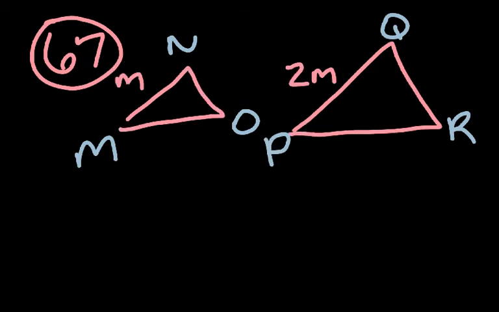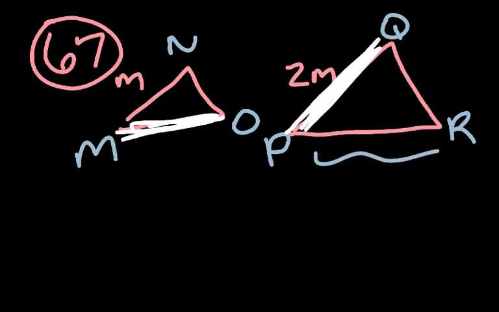Okay, and then the last one says that side MO is equal to PQ. Well, that's not true. As you can see, they're not corresponding. And then it says that PR, which is this one right here, is corresponding to MN, which is also not true. So, of course, your answer is D as in dog. Flip your paper over to number 67 on your own.